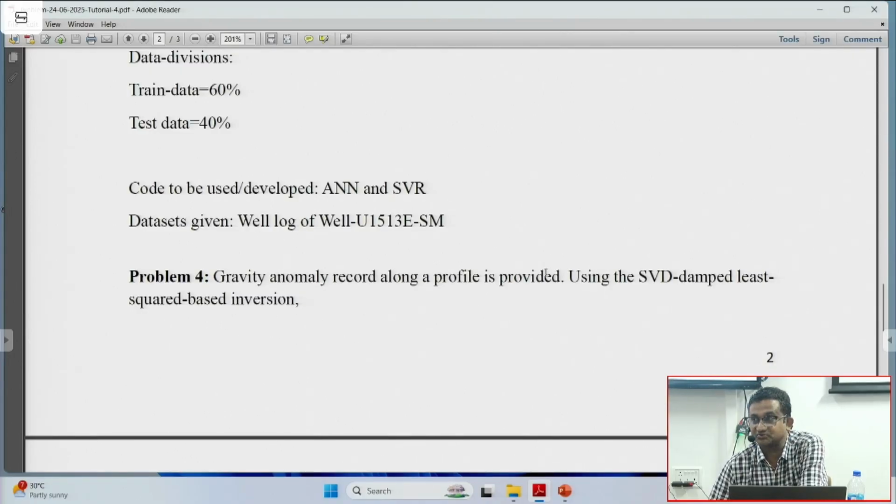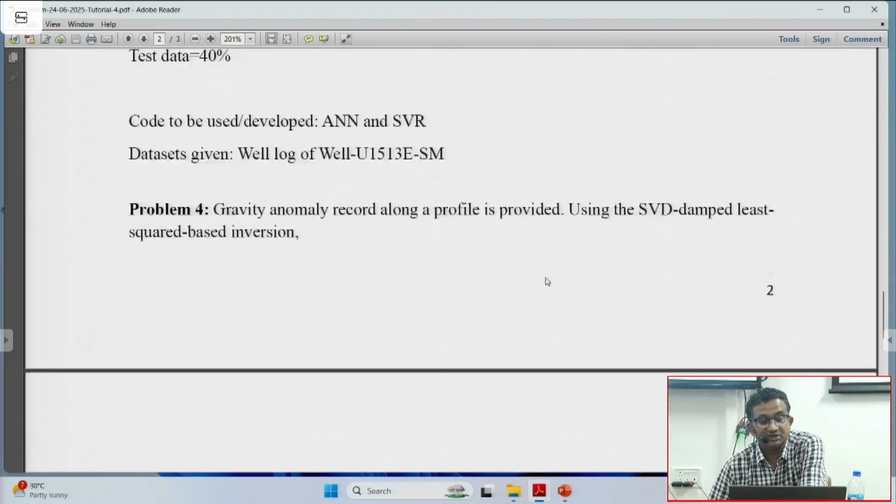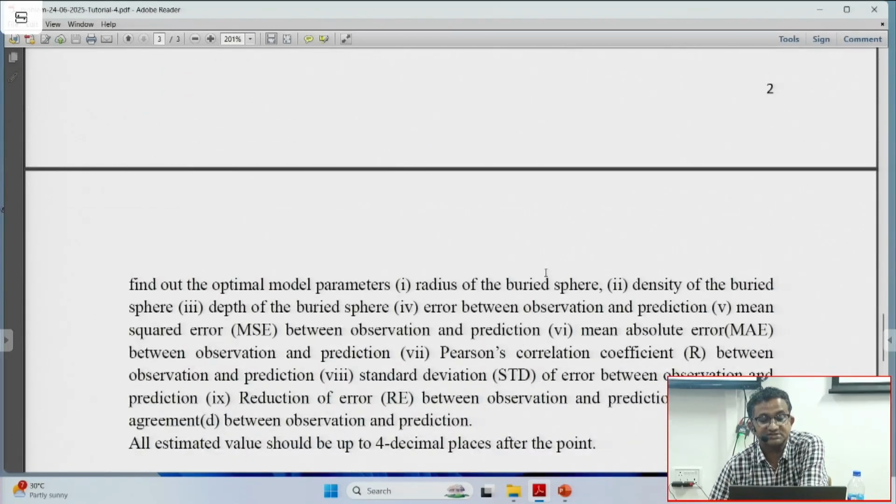That is what has to be found out optimally, and once things are optimized, we also need to calculate all these parameters, like the radius of the buried sphere and the density of the buried sphere, because the density contrast will be helpful to fit the gravity anomaly of the sphere.